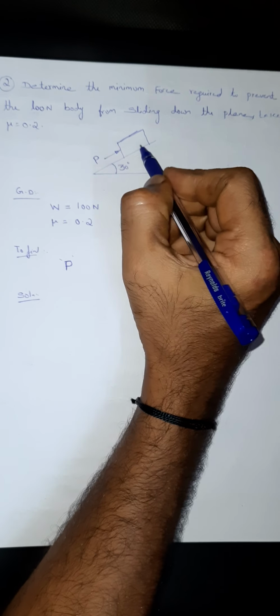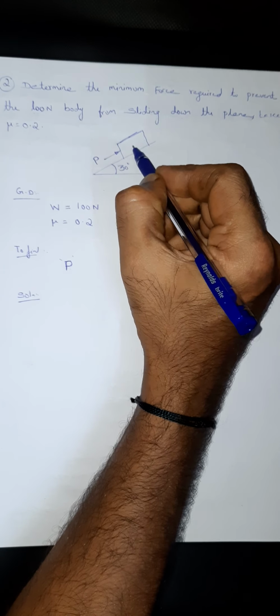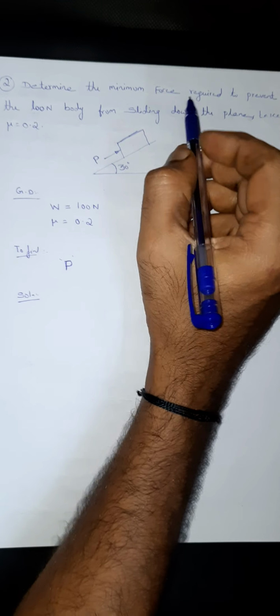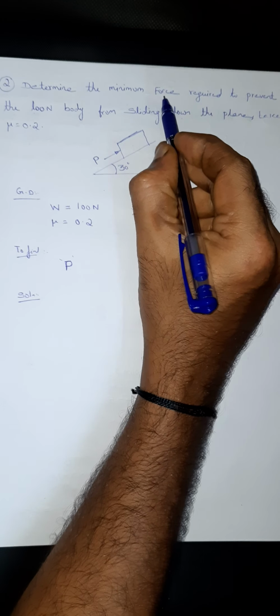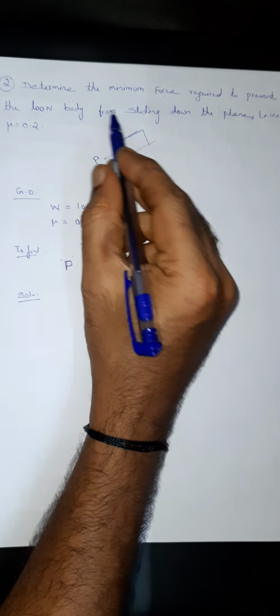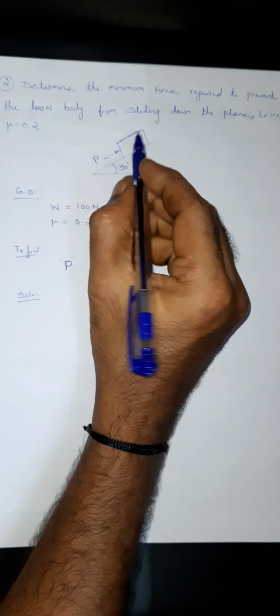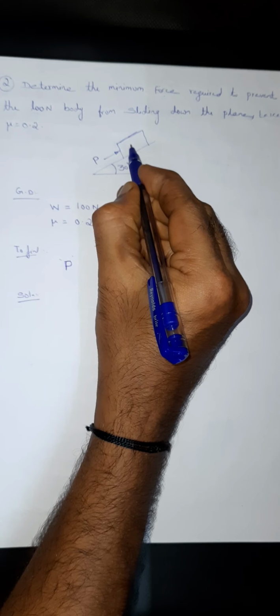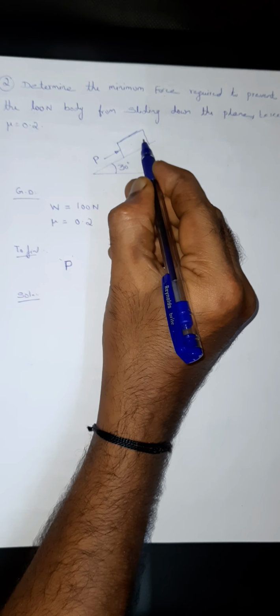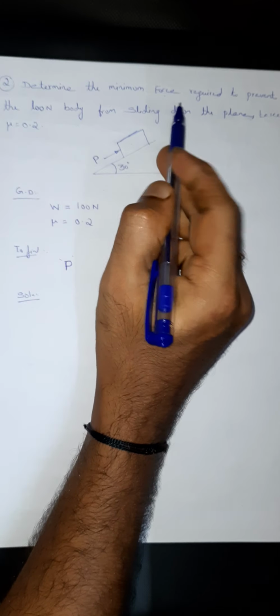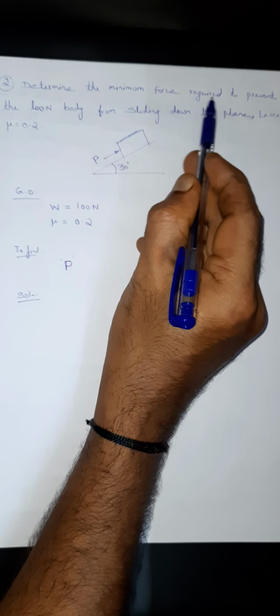Let us read carefully. Force required to prevent the body from sliding down the plane. That means this particular object is sliding down. Now, the minimum force is required to prevent it.